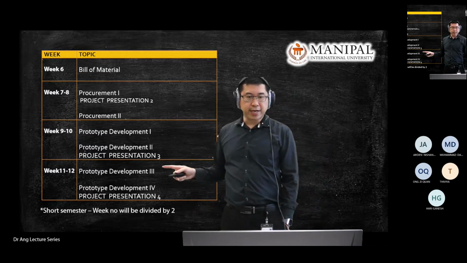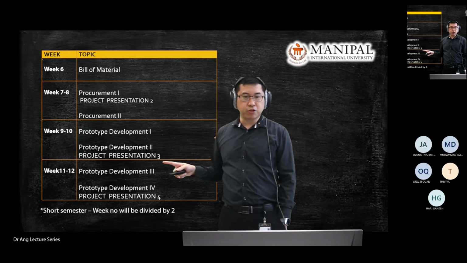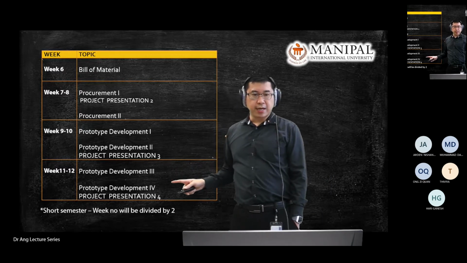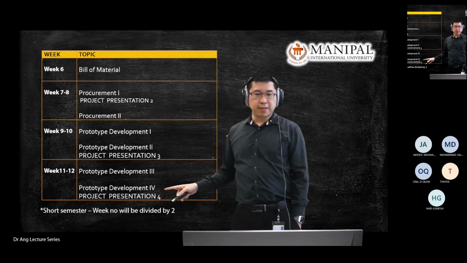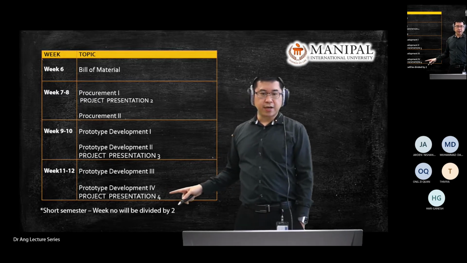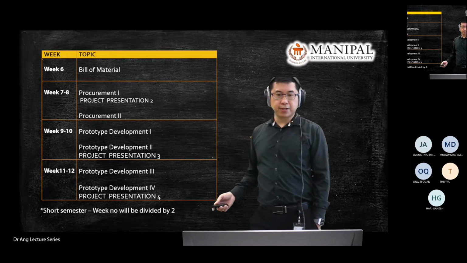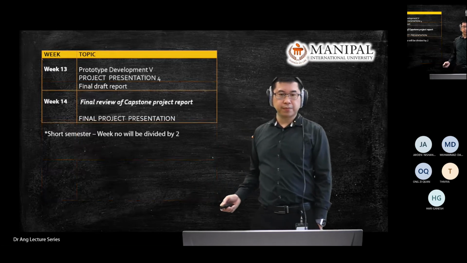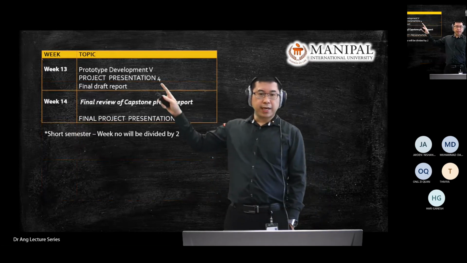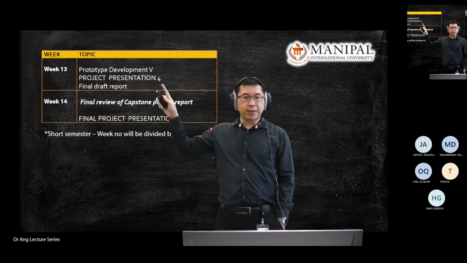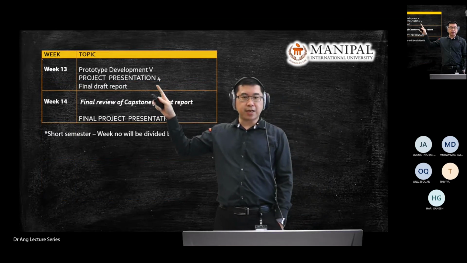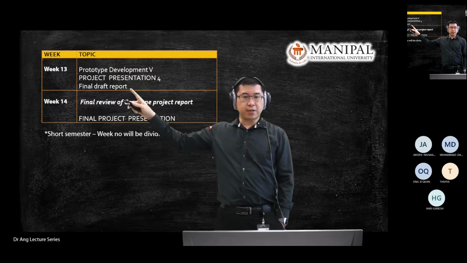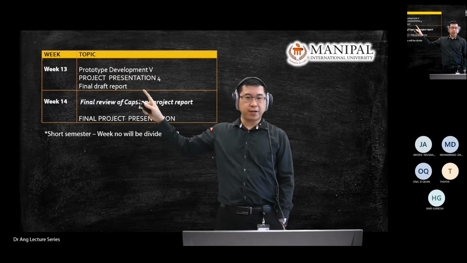In week 10, you have your presentation number 3, and then you keep on building your prototypes and update your progress, and then you have presentation number 4. Then week 13 will be your last presentation, and you pass up the final draft of the report.